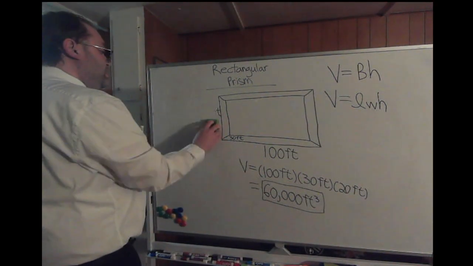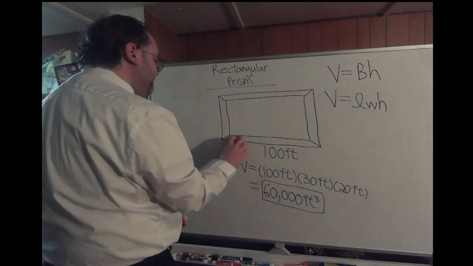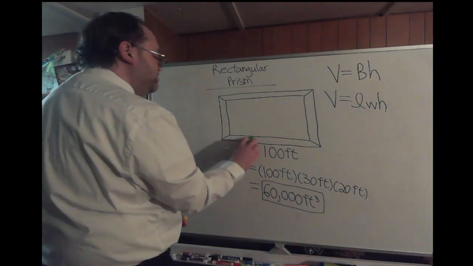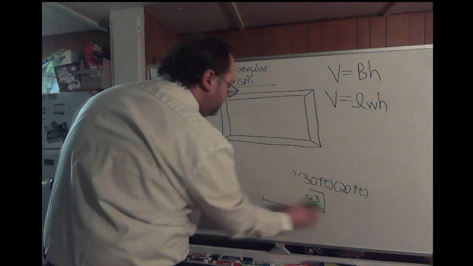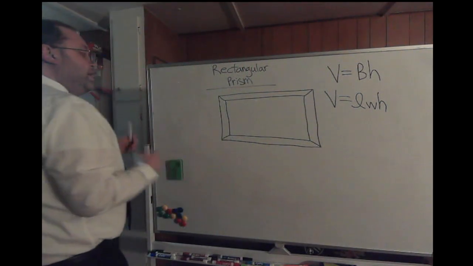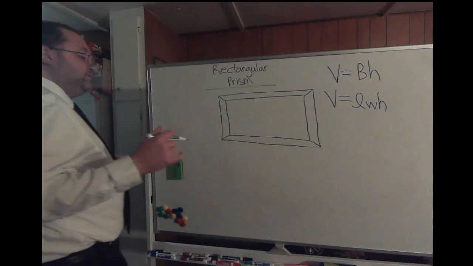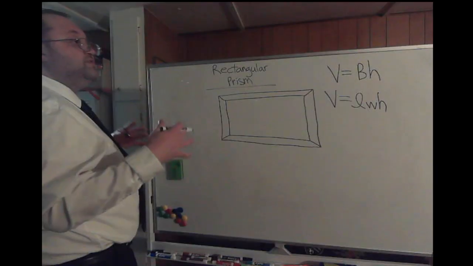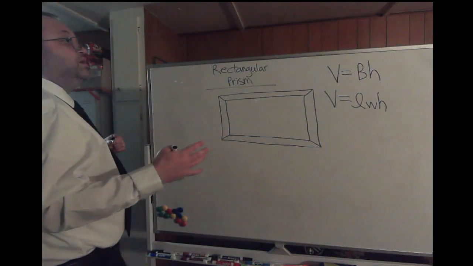Alright, let's take this on a smaller level now. I'm just going to change some of the dimensions here. Let's think of another use of a rectangular prism. Well, let's say we have a facial tissue box, whether it's Kleenex, Puffs, or some generic brand. It's usually in a rectangular prism.